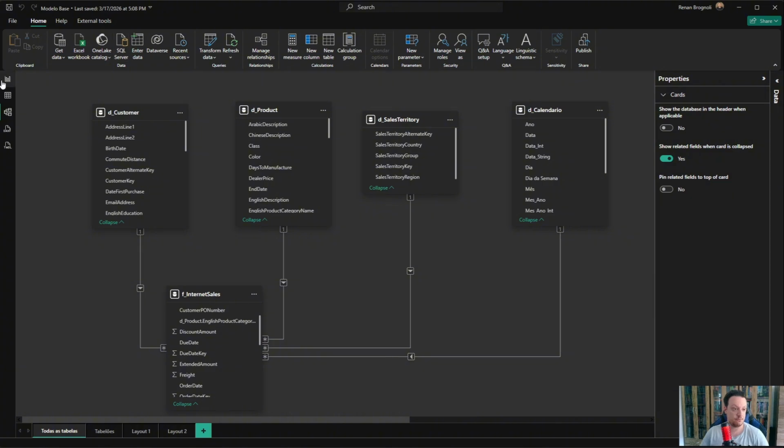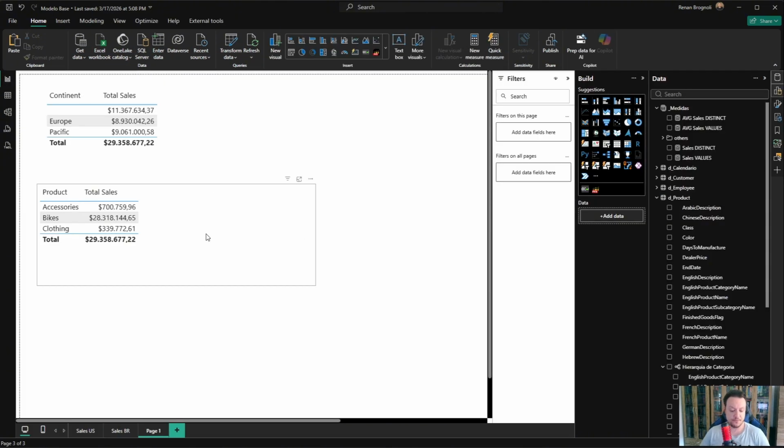Okay, so let's go. Here we have our total sales, and I put it in 2 different tables, one by product and one by continent. I excluded on purpose Canada and United States from my table.